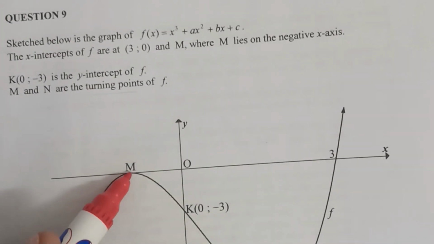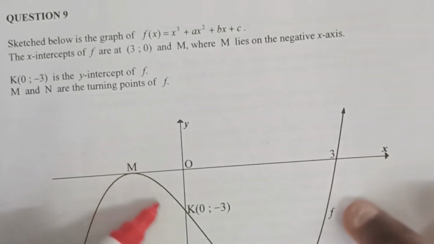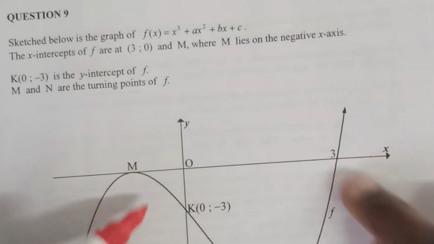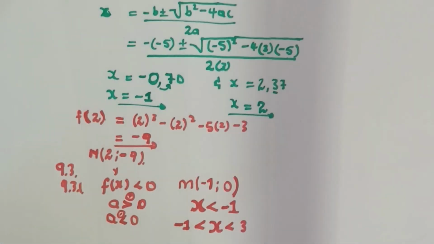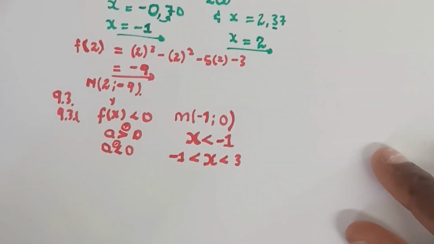Here is -1 and here is +3, and this graph is negative all the way down. Here it's negative because it's below 0. And then now we did that.